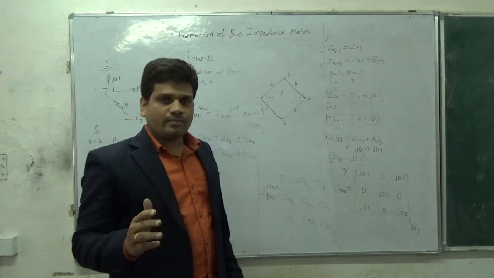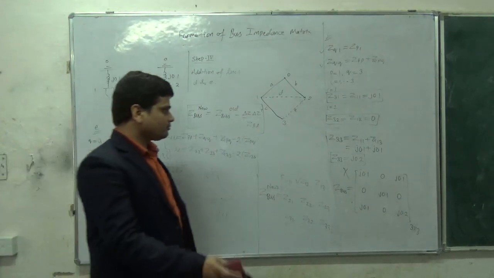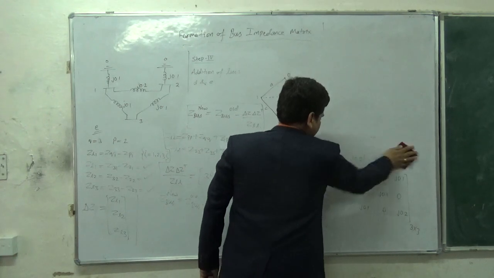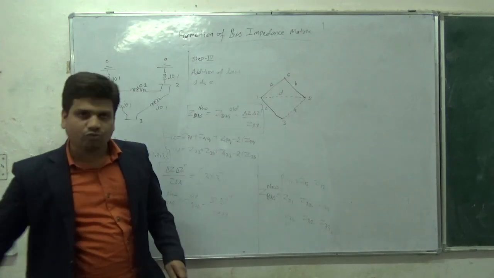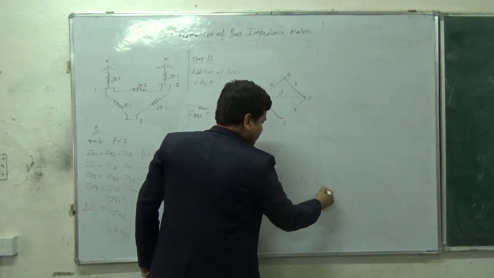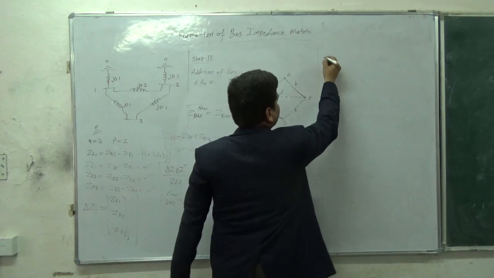So let me write the formulas again. There are basically 3 to 4 formulas. Now I am summarizing my lecture. The first one is for the branch connected to reference node.